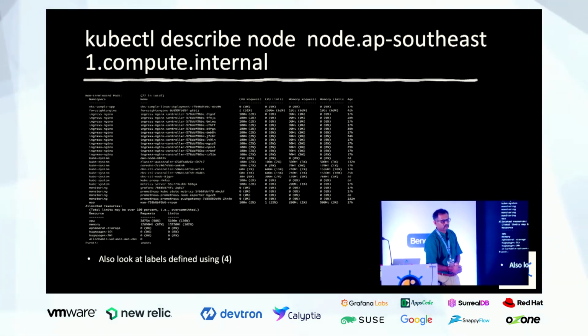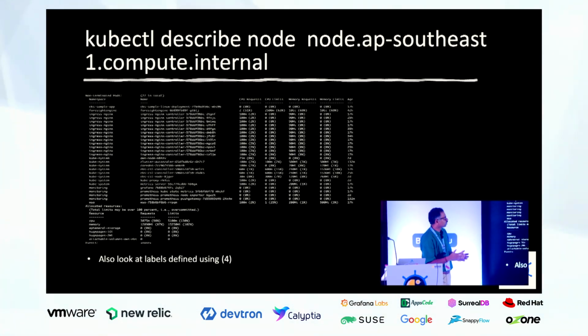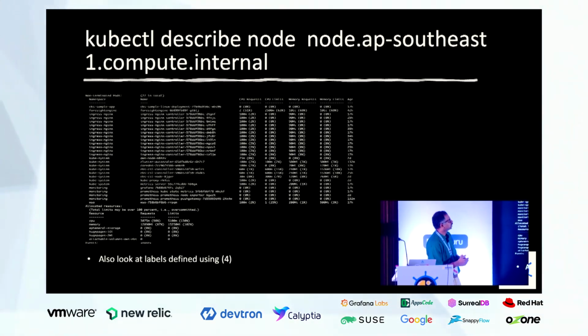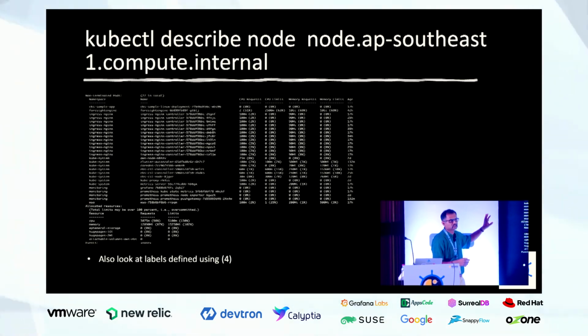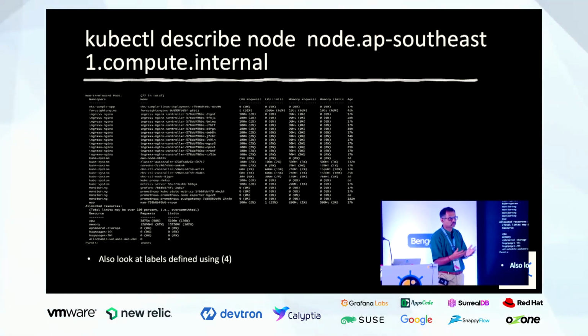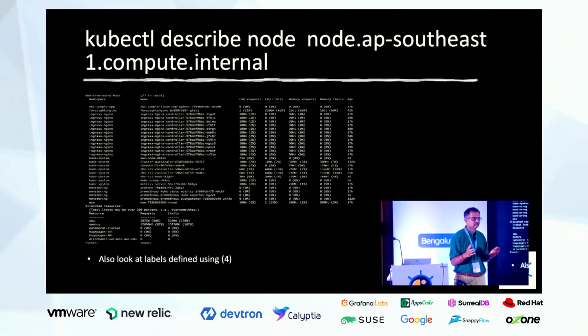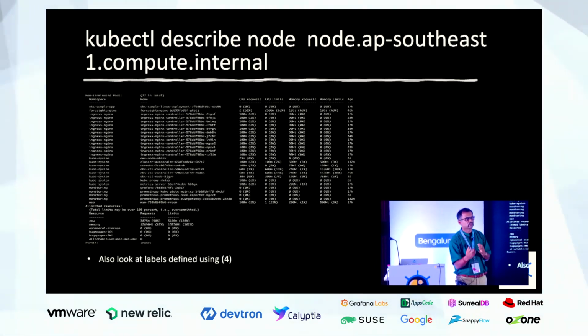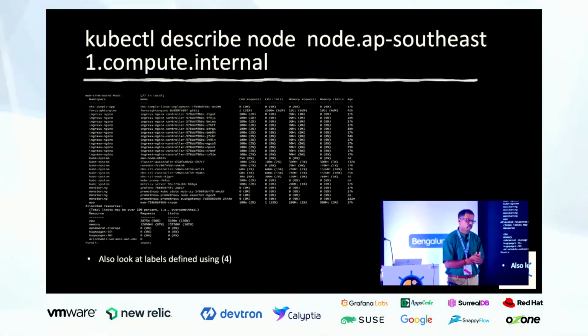There are a lot of learnings that we get from looking at this data itself. These are not complex commands, we do execute them, but we don't look at the output in eternity. So see what we can do with respect to the usage of our nodes and our pods itself.